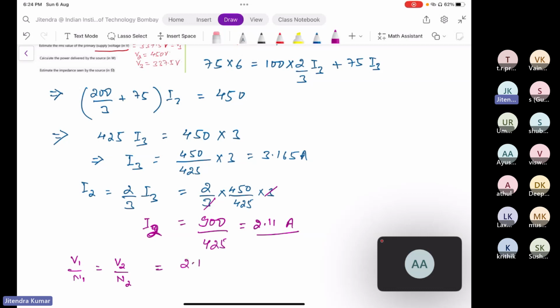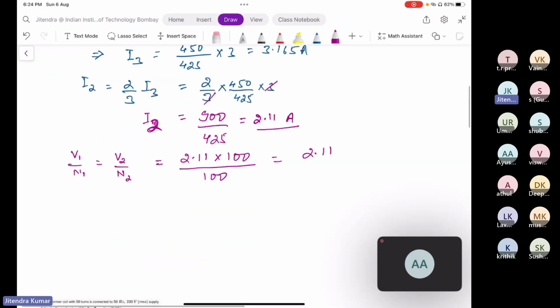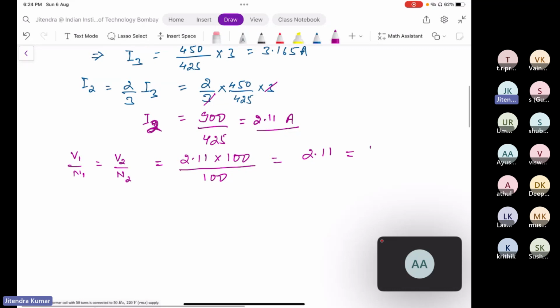So 2.11 into 100, that is V2. And N2 is also 100. So V2 by N2 is again 2.11, and the same ratio should be there for V1 by N1. Am I right? Yes, sir.